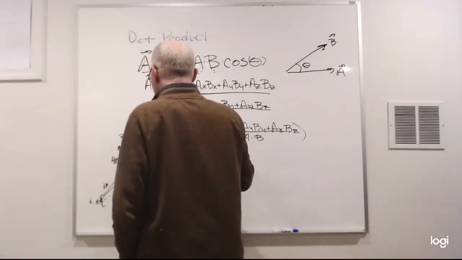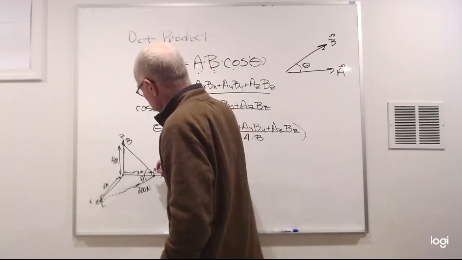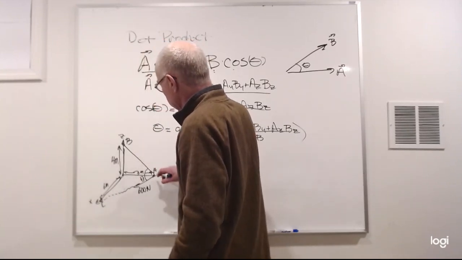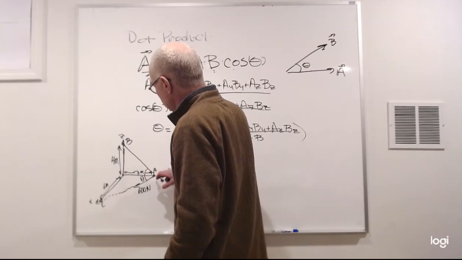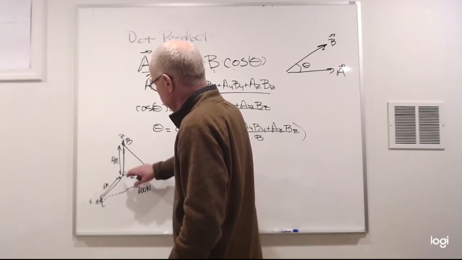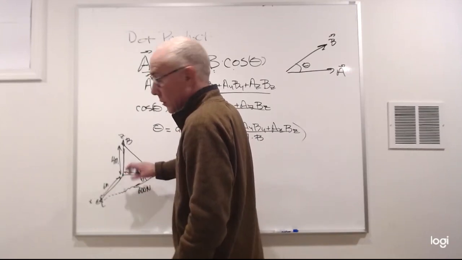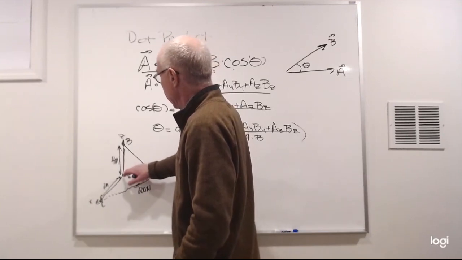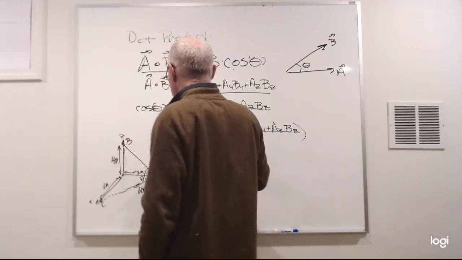First I'm going to do R of AB. In the x direction it's 0, in the y direction it goes -3, and in the z direction it's +4.